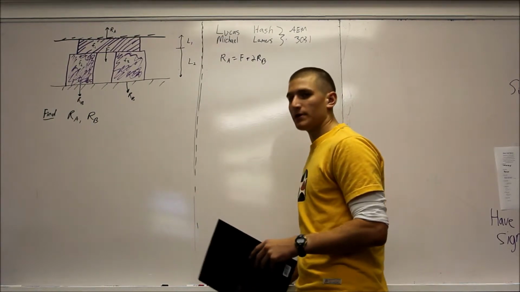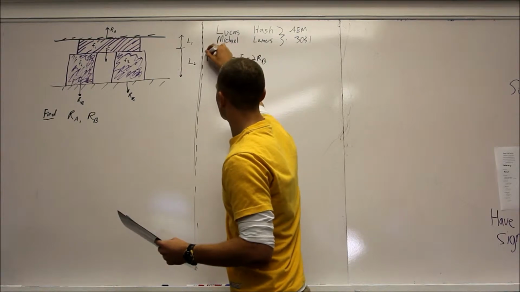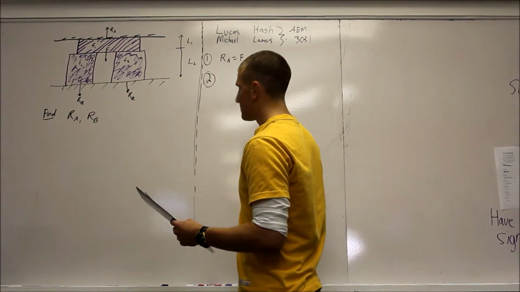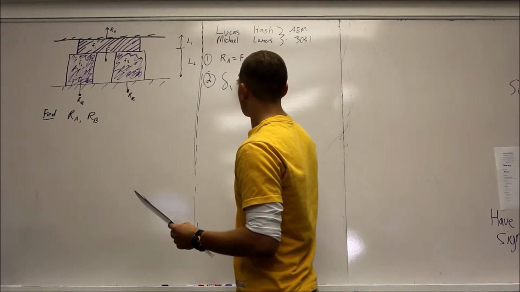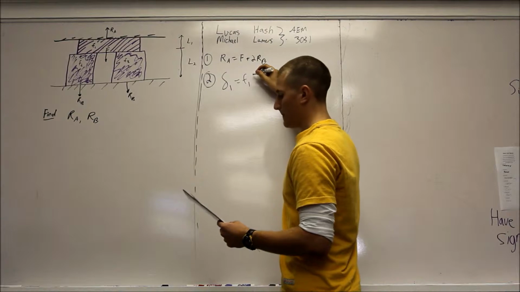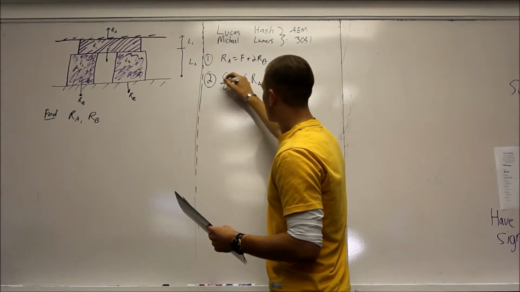Next we'll go on to the force displacement relations. We'll call the force balance equation 1. Force displacement, first one, delta 1 is going to be equal to F1 times the reactionary force at A. We'll call this 2A.